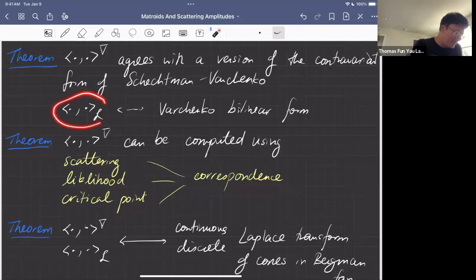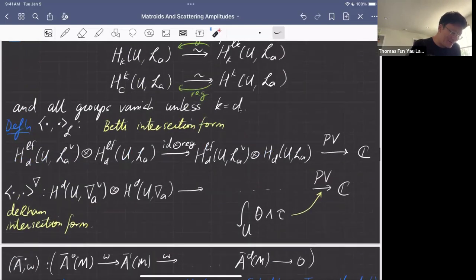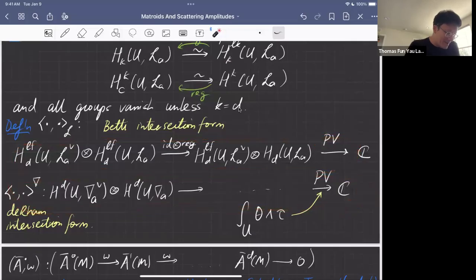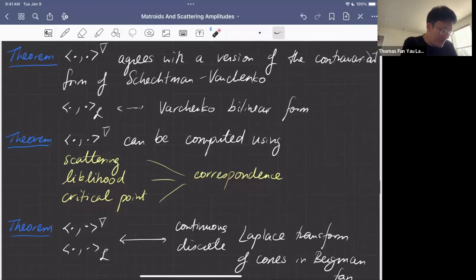But the Betti version of this turns out to have different information. The Betti version of this contravariant form is not quite the Varchenko bilinear form. It's the inverse of the Varchenko bilinear form. The Varchenko bilinear form is polynomial valued, but this thing is rational function valued. And that's what pops out of this calculation.